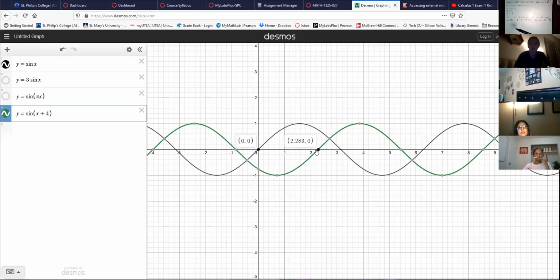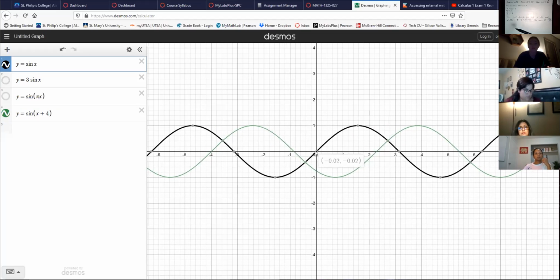It looks like a phase shift. Sorry, not a phase shift, a horizontal shift. If it's plus 4, usually that means a minus shift, so it's actually the other way, now that I think about it. So here's the beginning, and the new beginning is over here for the green one. That makes more sense. The original is the black. The plus 4 shifted it horizontally by minus 4.